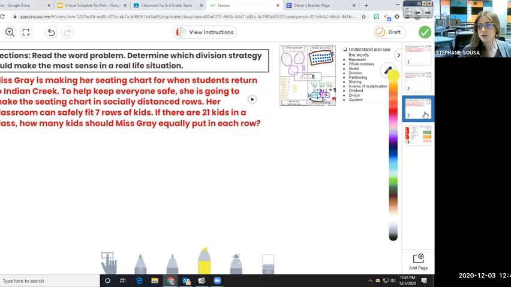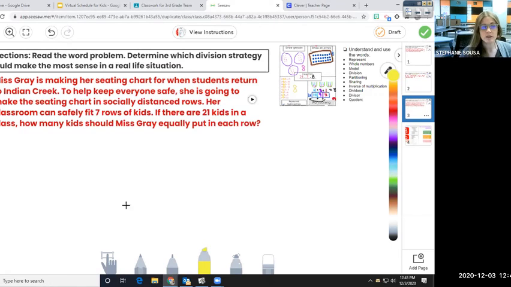This is the evidence. All right, ladies and gentlemen, we are getting ready to wrap up. You have 1 slide left that you will be completing during your independent work time. There were 3 word problems assigned to you. We solved 2 in breakout rooms. You are going to solve the 3rd independently.